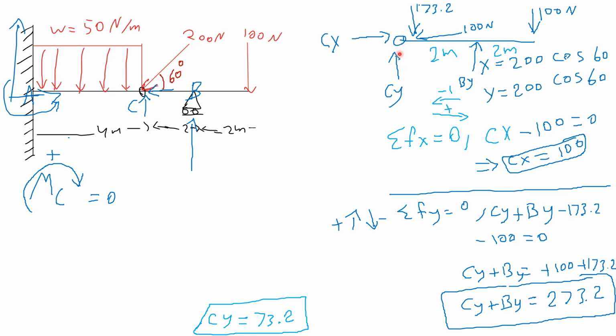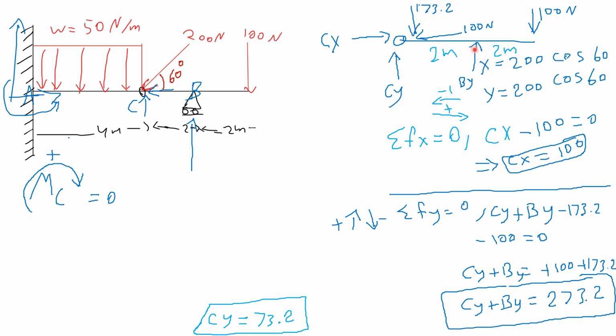And the 173.2 is equal to 0 also because it goes through the point, even if you don't see it, because the drawing is not very accurate, but it goes through the joint.